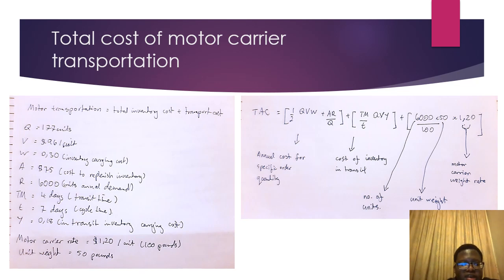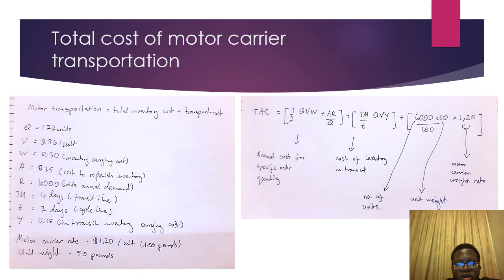Things to note on this side are the transit time, which is 4 days, the cycle time, which is 7 days, and the motor carrier rate, which is $1.20. Weight in both scenarios is going to be the same, which is 50 pounds. So we then say our TAC is equal to our annual cost for specific order quantity and cost of inventory in transit. So these two together are already the total cost of inventory.